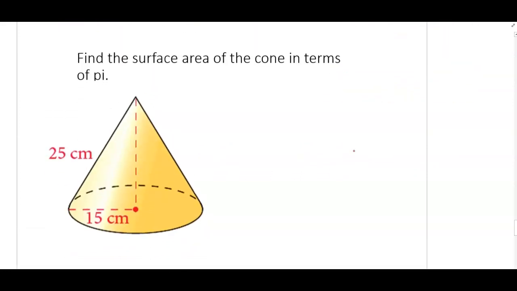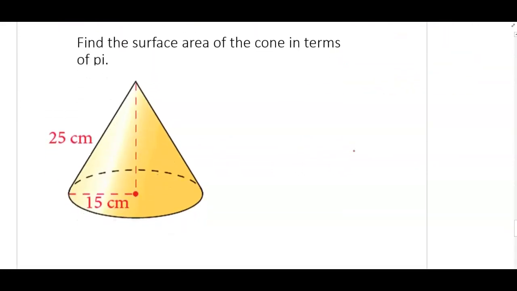So, looking at this to find the surface area of the cone in terms of pi, first thing we're going to do is find the lateral area. So the circumference of the base here would just be 2 times pi times the radius, which they give you as 15. So the circumference of the base is just going to be 30 pi.